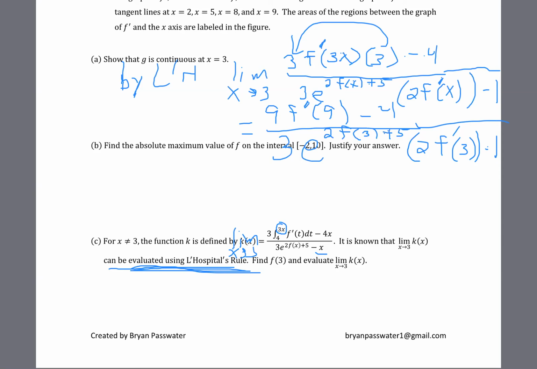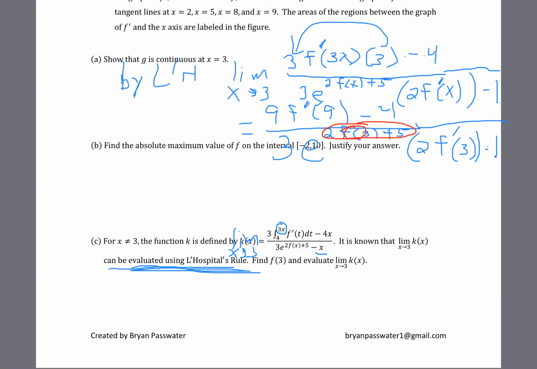So f of 3, if you remember, we just solved a little while ago and got negative 5 halves. And if you recall, that negative 5 halves makes the exponent, this whole thing up here, become 0. Do you remember that? I hope you do. Or you could plug in negative 5 over 2 for that and solve it, and you get 0 out for that whole thing.